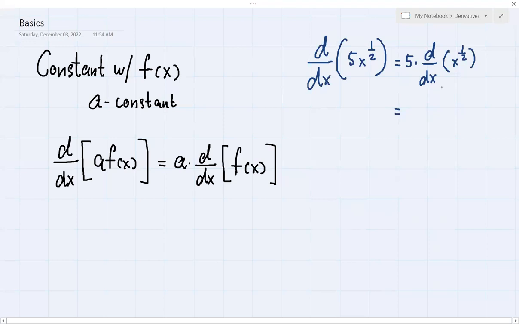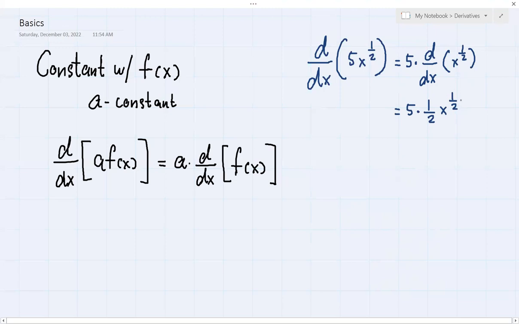So, how are we going to get the derivative of x raised to 1 half? We will use power rule of differentiation. Kasi, it is a variable na may exponent. So, anong gagawin? The same technique. First, copy the exponent. Then next, copy the given, x raised to 1 half.